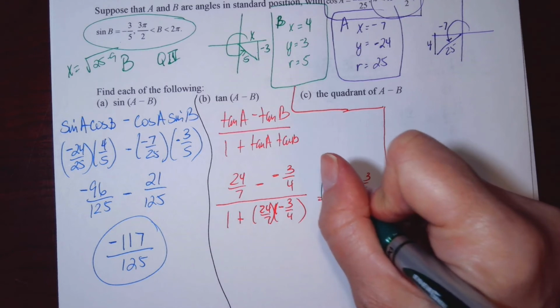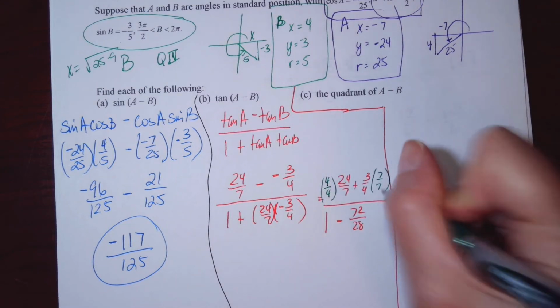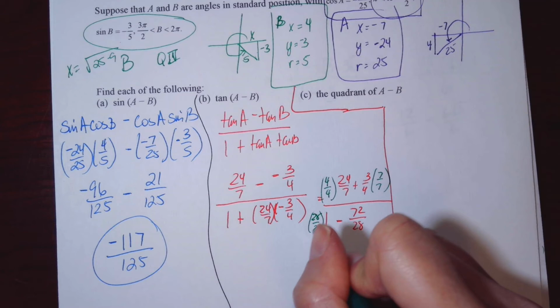This is going to need to be times 4 over 4, times 7 over 7, and times 28 over 28.